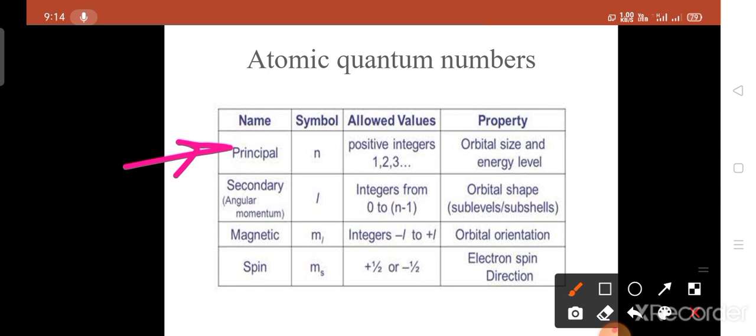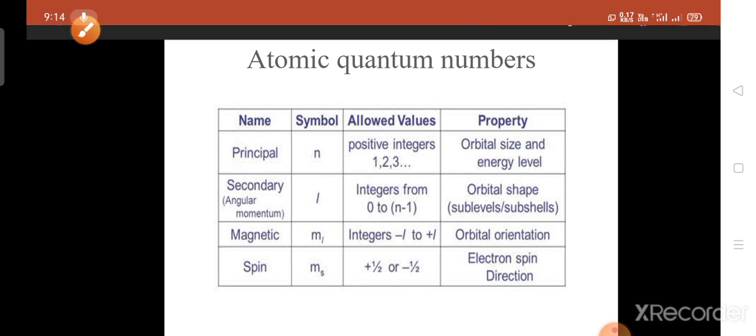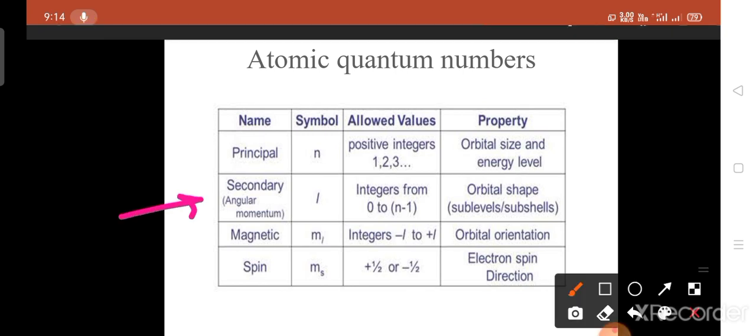Then we have to see the next quantum number, the azimuthal quantum number or orbital angular momentum quantum number. The azimuthal quantum number describes the shape of the given orbital, and it is denoted by the symbol l.